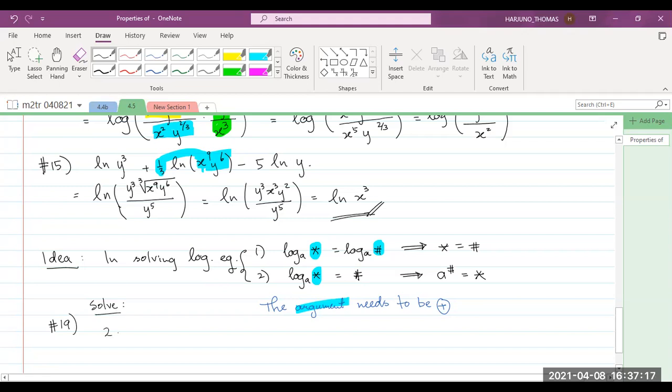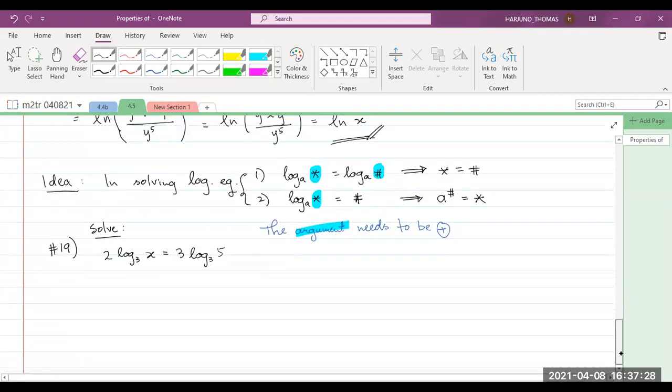Number 19: 2 log base 3 of x equals 3 log base 3 of 5. You have a log on the left-hand side and a log on the right-hand side, so I will proceed with making it into log equals log.